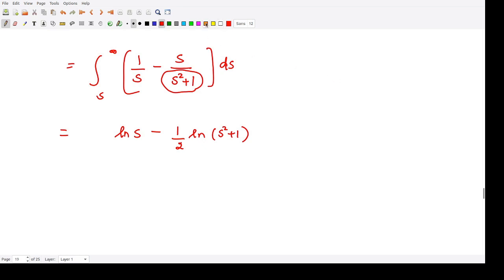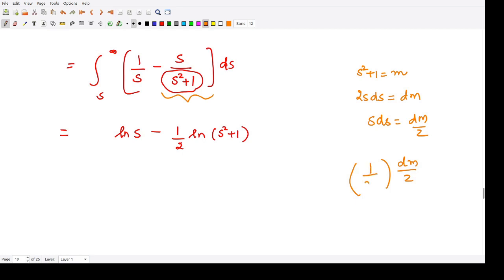That means you have s ds as dm by 2. So this s ds would become dm by 2, and 1 by s square plus 1 would become 1 by m. That is why you have this quantity, and here the limits vary from s to infinity.